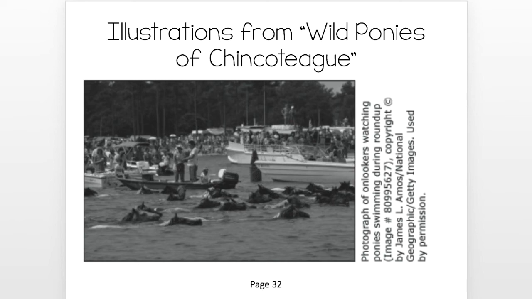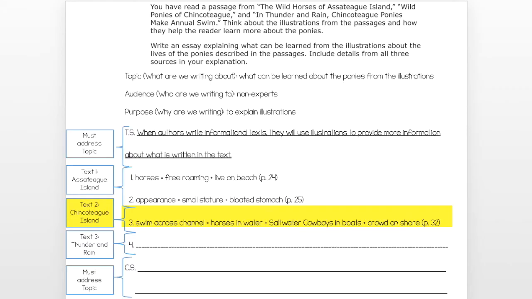So taking this information and putting it back into my outline, you can see for detail number 3, swim across channel equals horses in water plus saltwater cowboys in boats plus crowd on shore. So again, I'm using my equal sign and my plus signs as symbols to communicate information to say that the horses swim across the channel involves the horses swimming in the water, the cowboys in the boats, and a large crowd on shore.